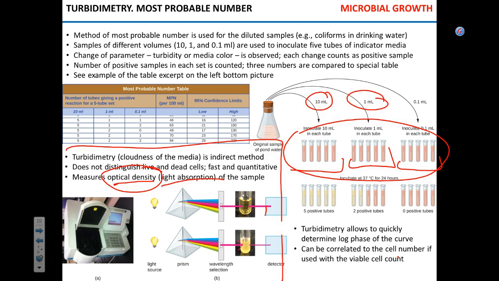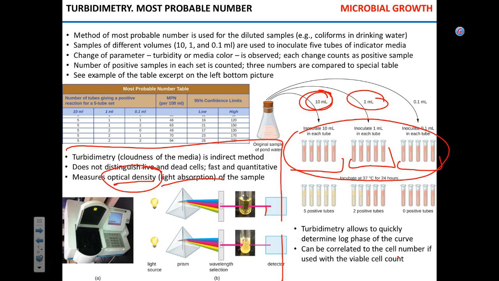Is there a good chance that every 10 milliliter inoculum, every one of those 5, will contain some bacteria? Yes. 1 milliliter, the chance is less. Does that make sense? And in 0.1, you may or may not have microbes in each of the samples.